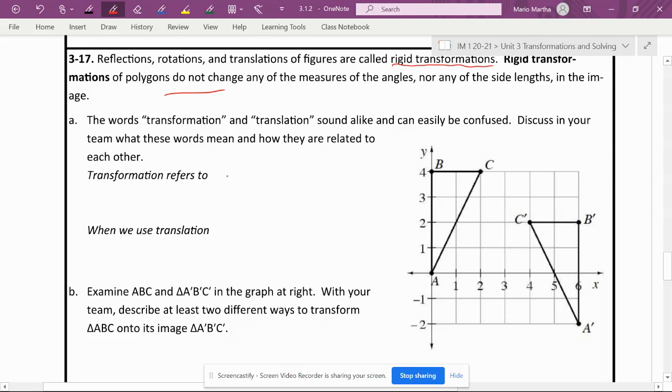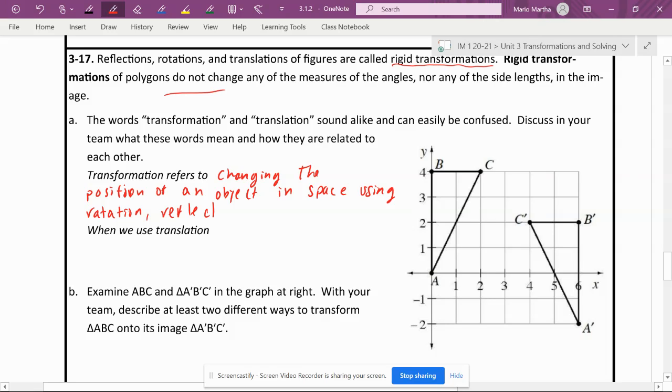changing the position of an object in space using rotation, reflection, or translation.